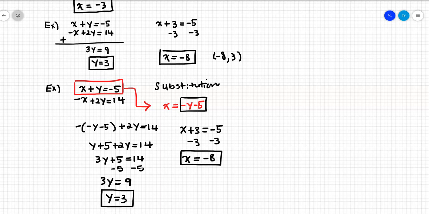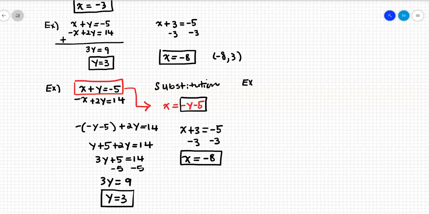So it depends on the equations that you have, whether you want to use the elimination method or substitution method. But regardless of which method you use, you should get the same answer. Let's try another one using the substitution method.